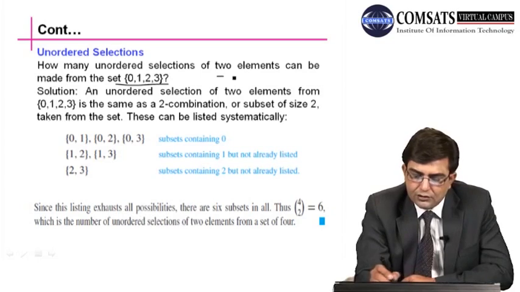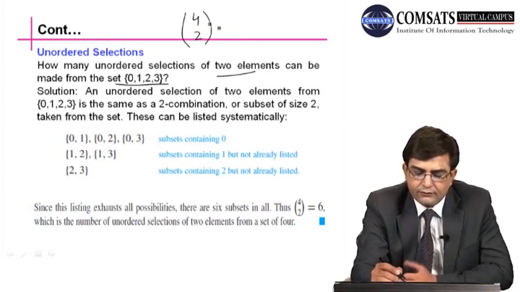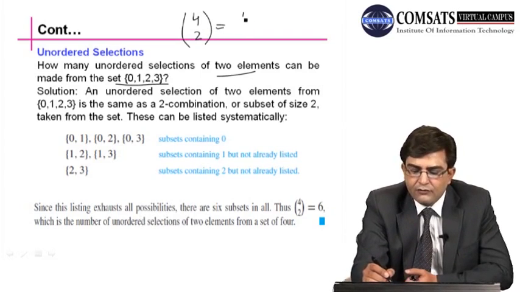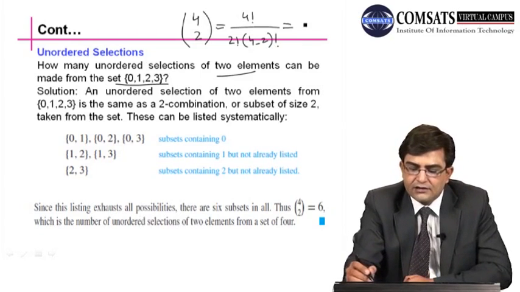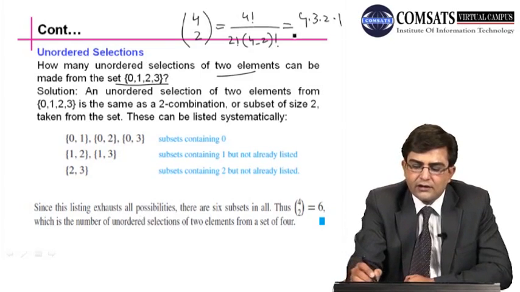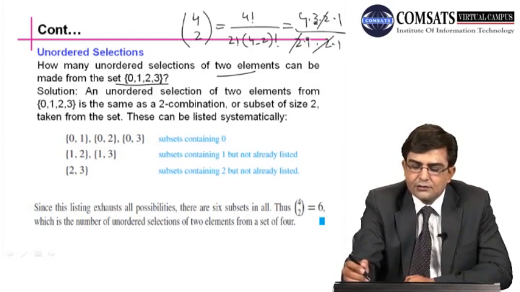We have to choose 2 elements out of 4 elements, so this 4C2 or 4 choose 2 is basically 4 factorial over 2 factorial into 4 minus 2 factorial. I have used the combination formula here. This is 4 into 3 into 2 into 1, and the denominator is 2 into 1 into 2 into 1. So the 2s cancel, 2 fours are 4, 3 twos are 6.